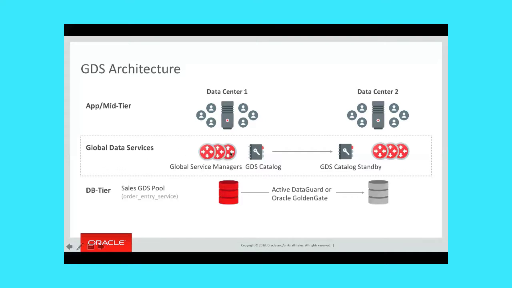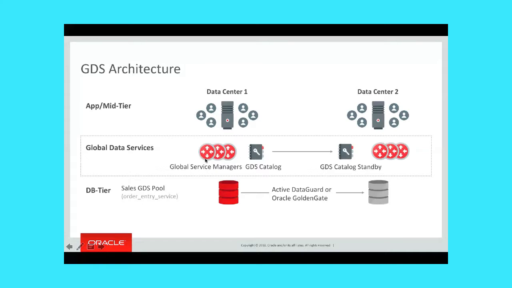In this example, I have 3 GSMs in region 1, 3 GSMs in region 2. These are the listeners that your applications will connect to talk to any database in the pool. Okay, and this is not an active-standby type of listener configuration. These are all active. Your application clients can connect to any of these GSMs, and they still get connected to the databases based on the policies that you set.